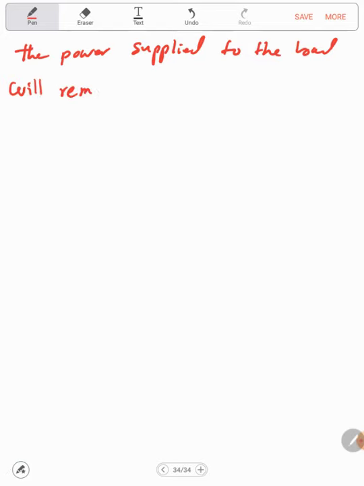Now the power supplied to the load will remain constant because the synchronous machine is already connected to a load, so this load is not changing. So simply here the power supplied to the load will remain constant.